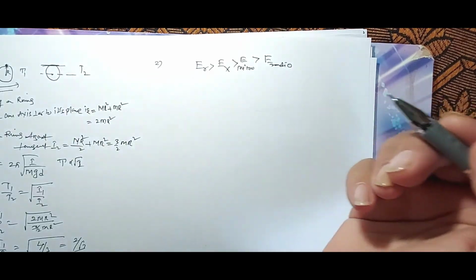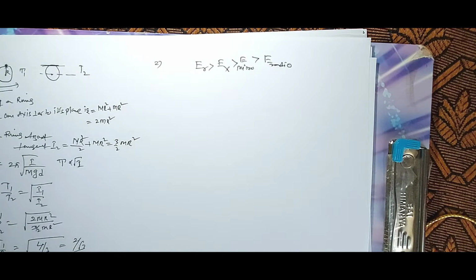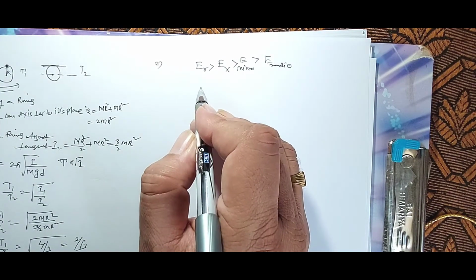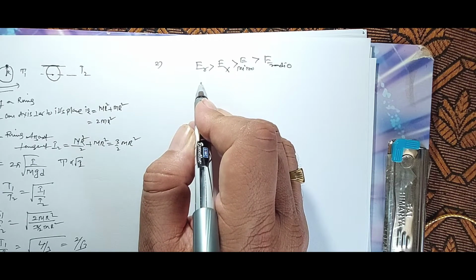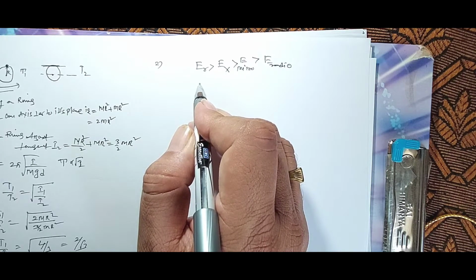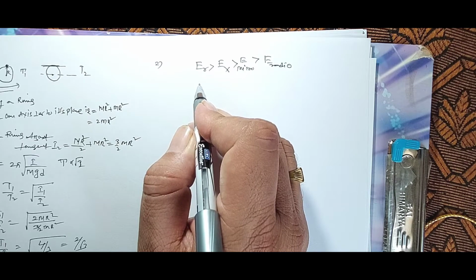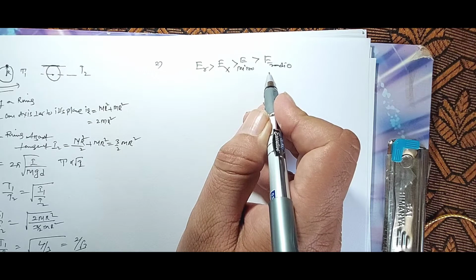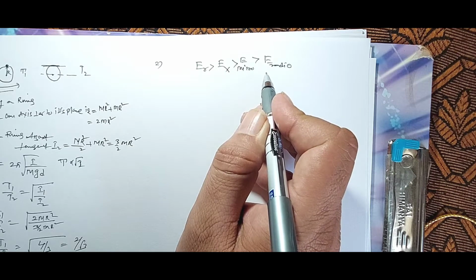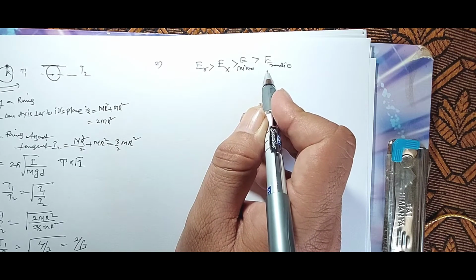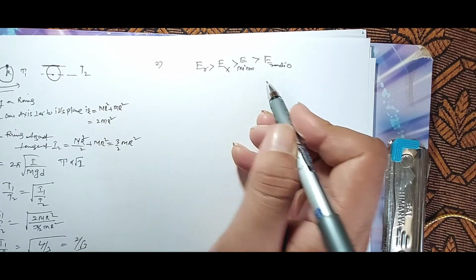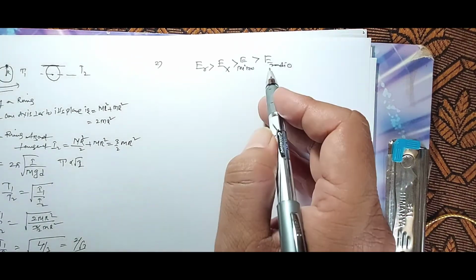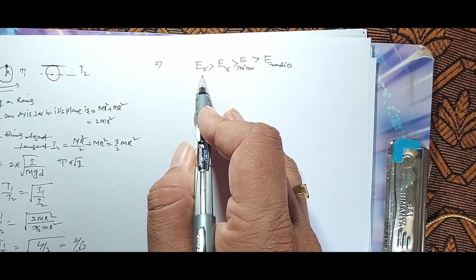These are the energy orders. So definitely the rays which have more energy have less wavelength, and the waves which have less energy have more wavelength. Here radio waves have less energy, gamma rays have high energy.